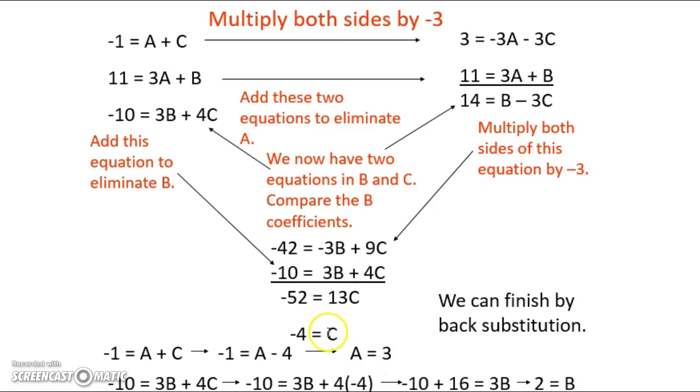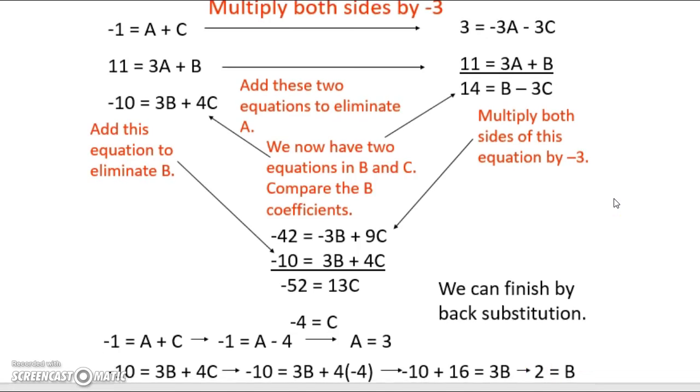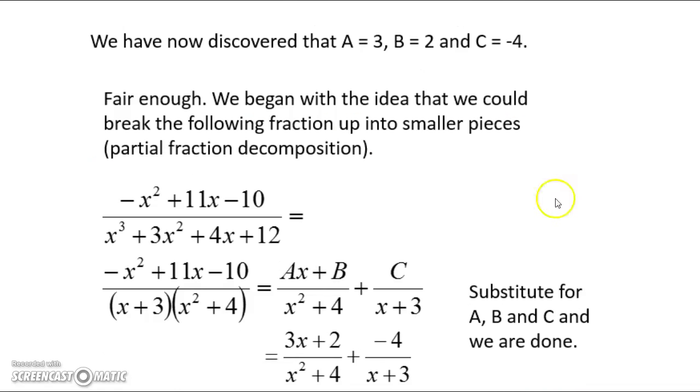So we find out that c is negative 4, a is 3, and b is 2. And we do that by back substitution. So if a is 3 and b is 2 and c is negative 4, we substitute those in there, and that finishes our partial fraction decomposition where one of the factors was a quadratic factor.